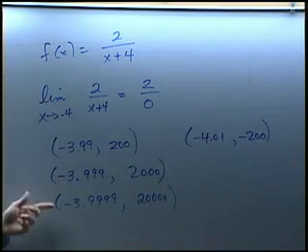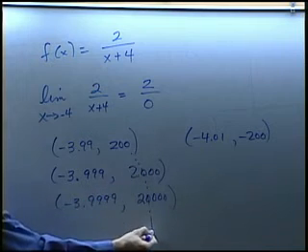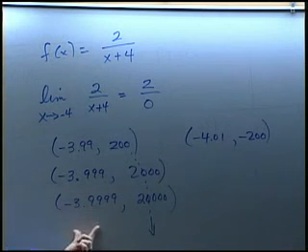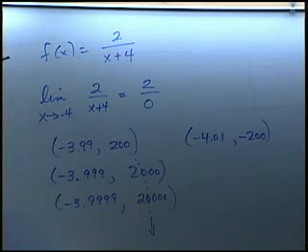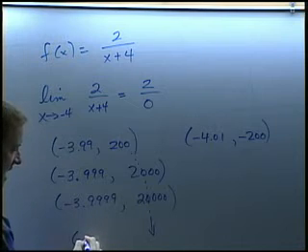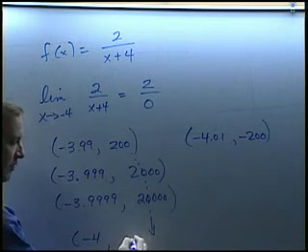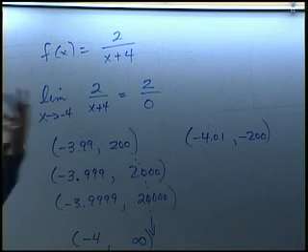What is happening to these y values as I get closer and closer to -4? They continue to get larger, and they will continue to get larger forever. So what we can say is that as we get really close to -4, these values are going off to infinity.